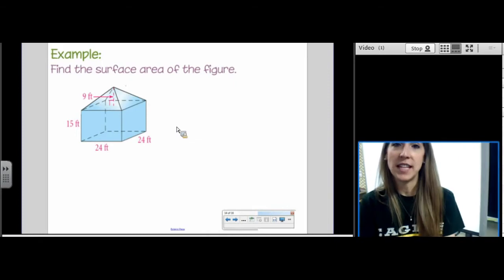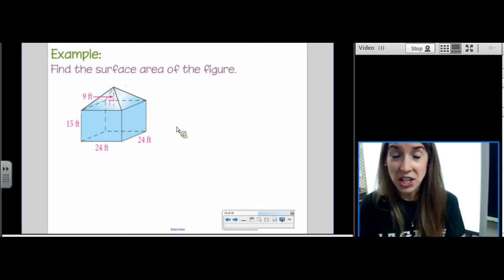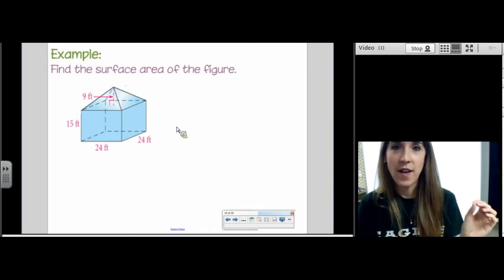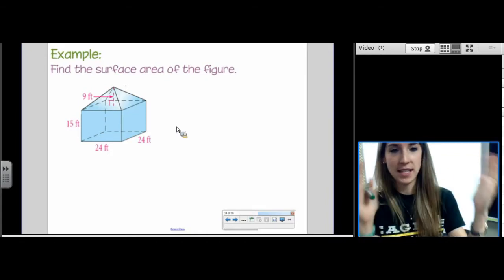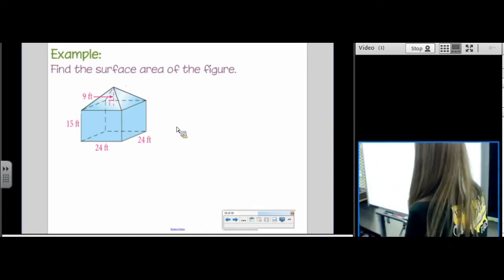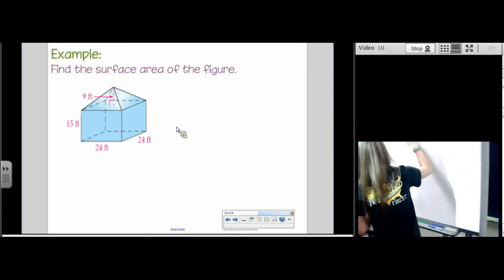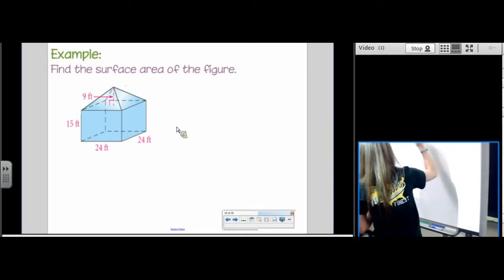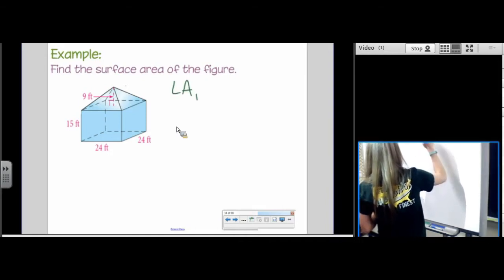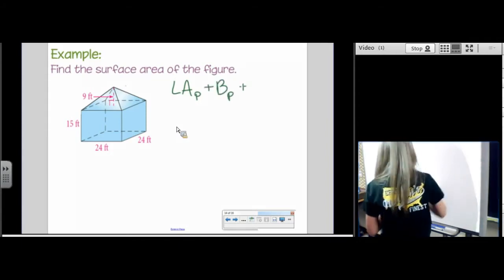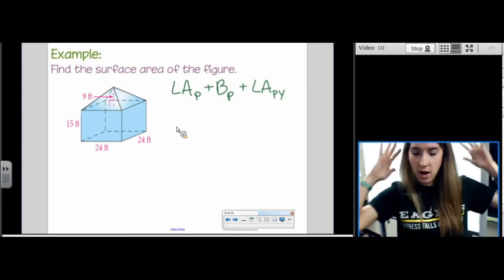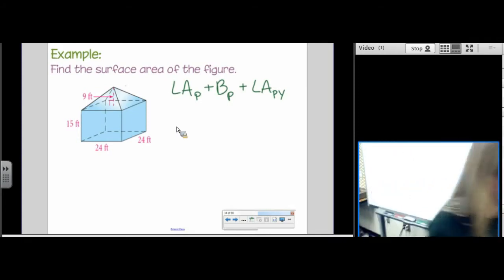You can just find the area of each face and add them all together. Or you can find the LA plus 1B plus the LA. Let me tell you what I mean by that. So I'm going to find the LA of the prism plus a base of the prism plus the LA of the pyramid. Whoa, that might have gone over your head, but I'm going to talk about it real quick.